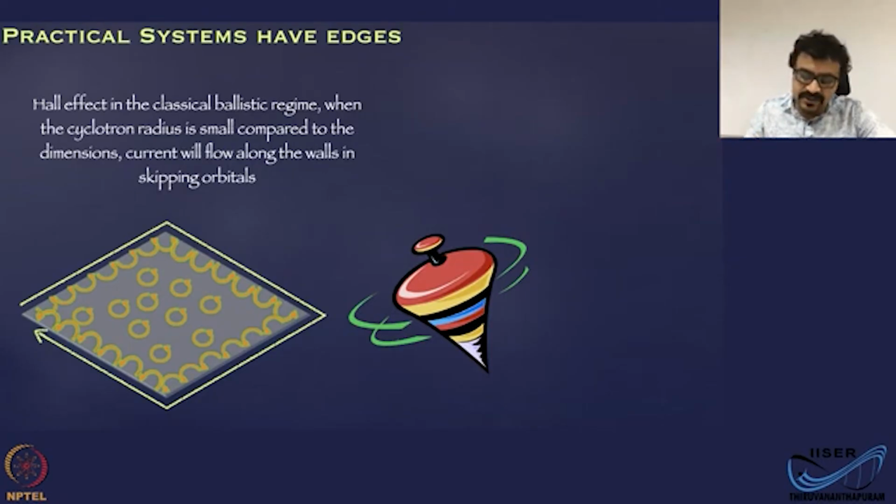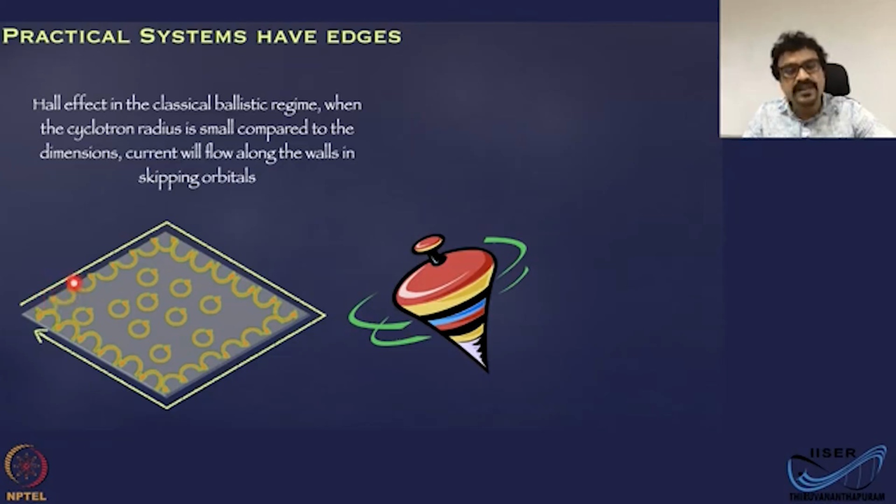In this picture, what we have is a rectangular sample and there is a magnetic field applied normal to the plane, and the electrons or the charge carriers will undergo cyclotron motion. This is the classical picture. Now, once the electrons reach the edges, they will not be able to perform a full cyclotron motion.